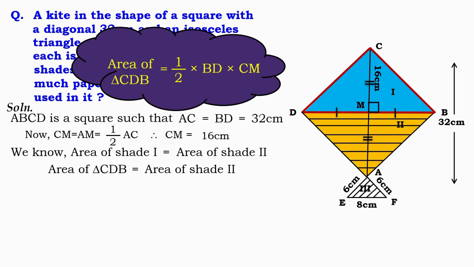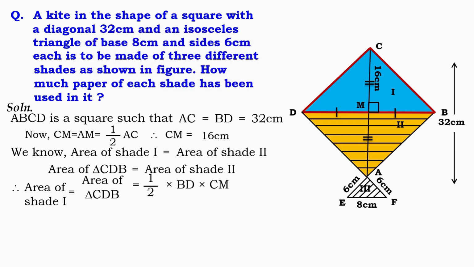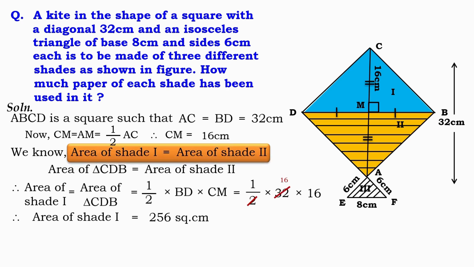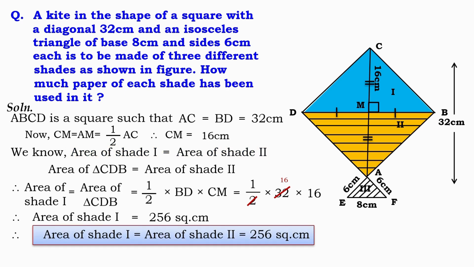We know the BD value, that is the diagonal, and CM we already found, that is 16 centimeter. So the area of shade 1 is half into BD into CM, that is half into 32 into 16. So the area of shade 1, the blue part, will be 16 into 16, that is 256 centimeter square. That will be the same as the yellow part. So the yellow part also has the same area, 256 centimeter square.